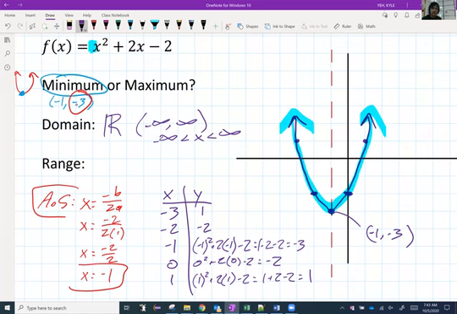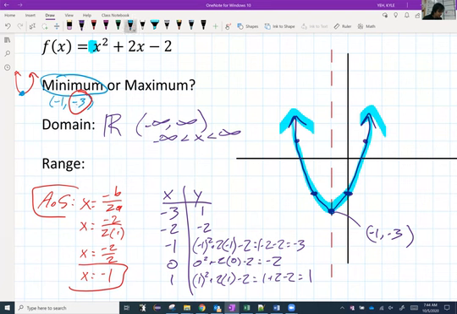What is the range? The range is not all real numbers, and it never will be for a parabola. The range is what y values are we hitting on this graph. And it has to do with that min or that max, because think about it. We know that the minimum, the lowest we go, is -3. And then we go up forever, and the range has to do with those y values, right?